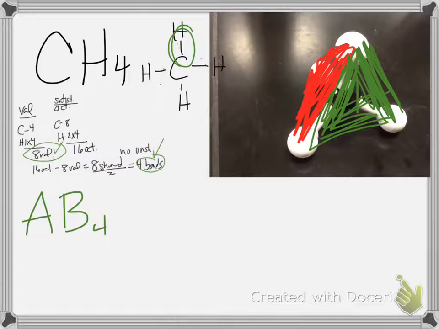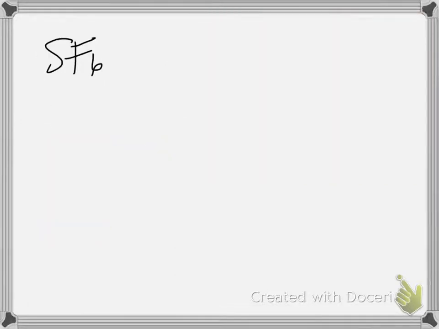Let's do a nonconformer. The dreaded sulfur hexafluoride, SF6. It's this crazy looking thing. So let's try some math. How many valence electrons does this thing have?